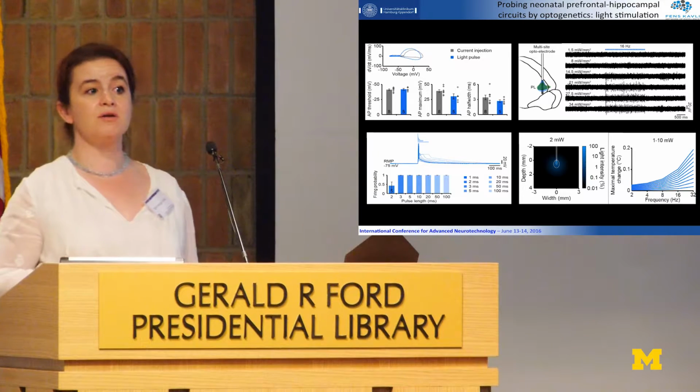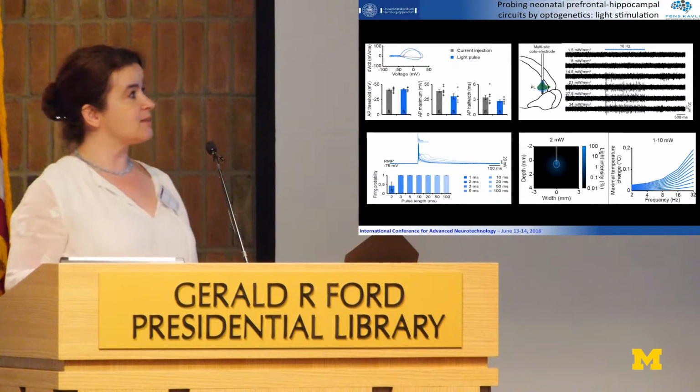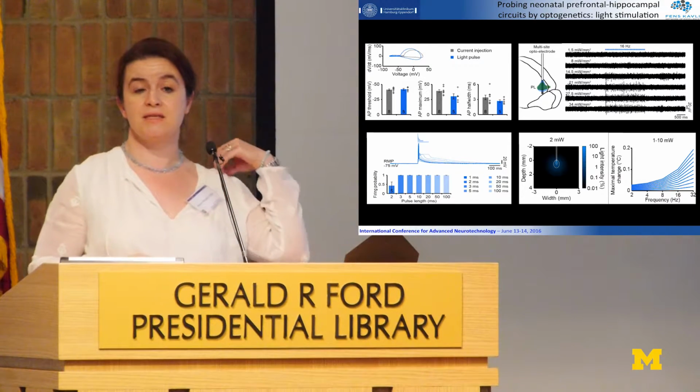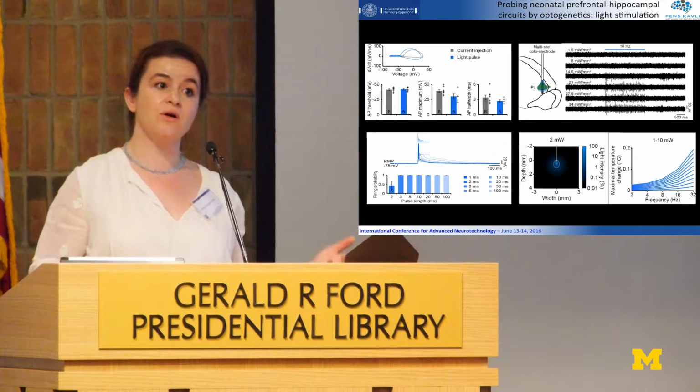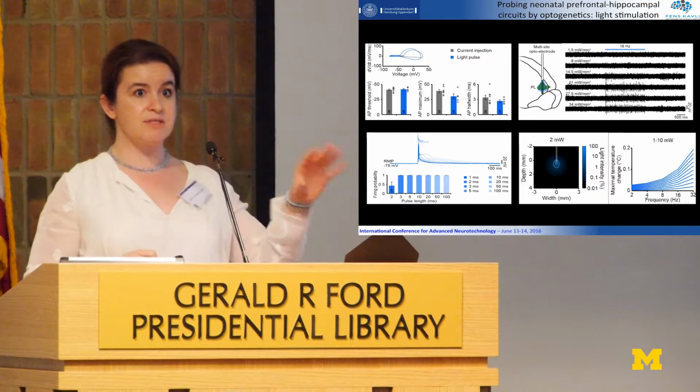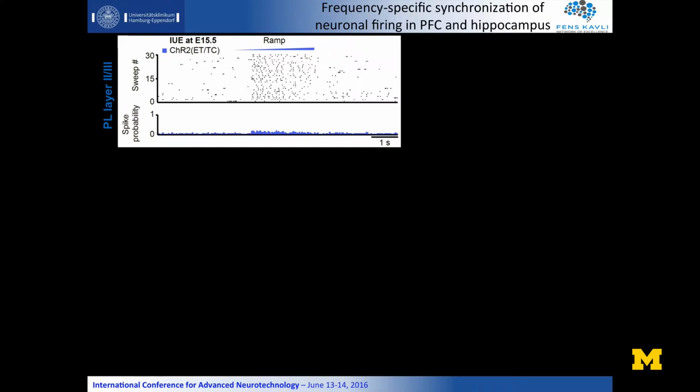After performing all these controls, we thought, let's see what's going on when we stimulate the neurons layer by layer, and also the pyramidal neurons. Everything that I showed is for the pyramidal neurons. When we look at layer 2-3, light stimulation in ramp form leads to an increase of the spiking that also persisted after the ramp. So it's a short-term plasticity that was induced.